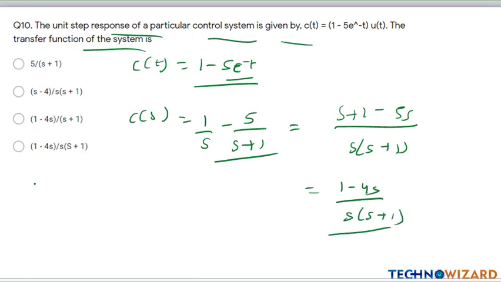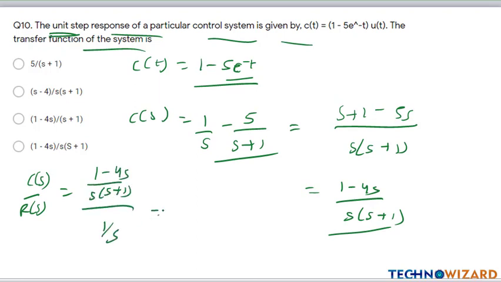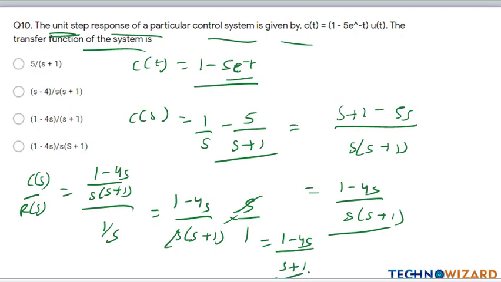We know that the transfer function is given by C of s upon R of s, and R of s is 1 by s because it is a unit step function. So C of s is 1 minus 4s upon s into s plus 1, divided by 1 by s. The s gets cancelled. The transfer function will be 1 minus 4s upon s plus 1. Therefore, option C is the correct answer.